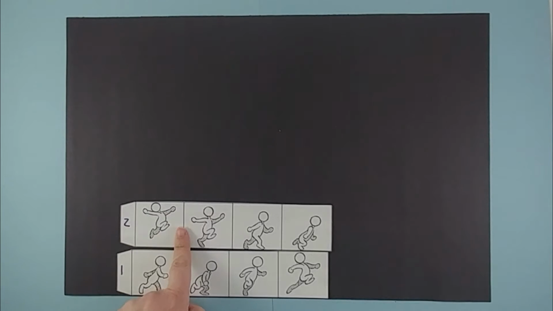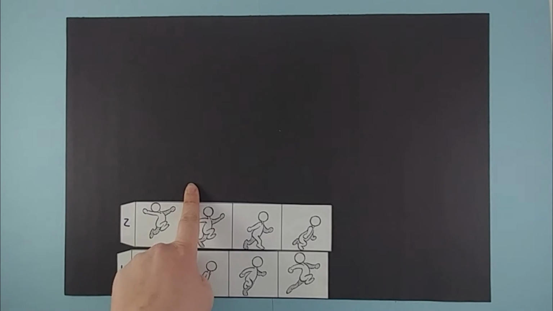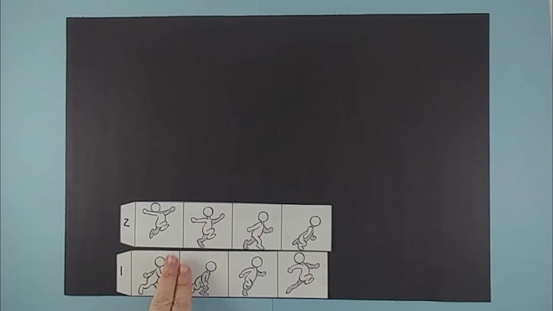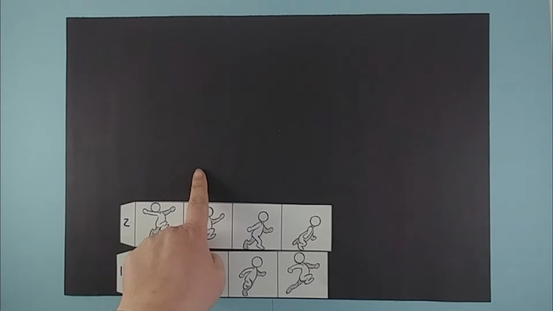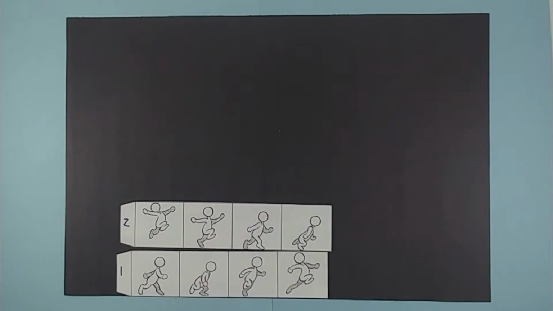So your black strip, if you are making a custom one, should be 2 of your animation strips high plus a 1/2 inch. These animation strips are 2 inches, so our strips will be 4.5 inches tall.